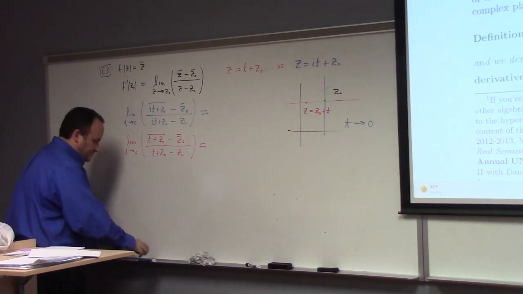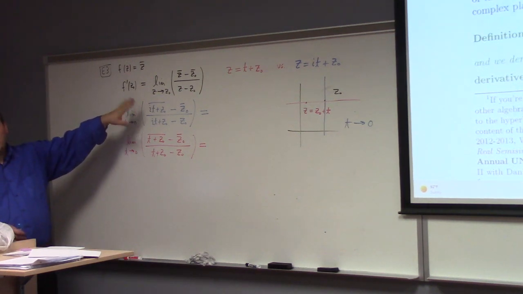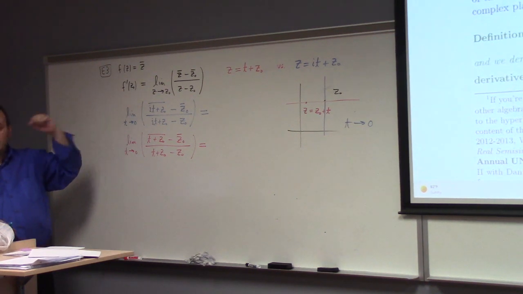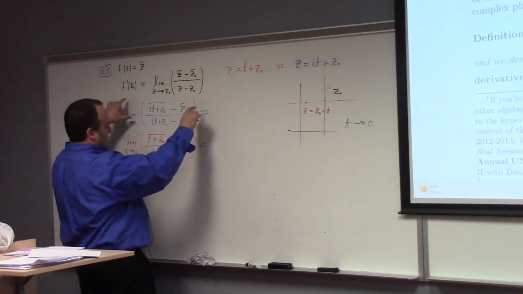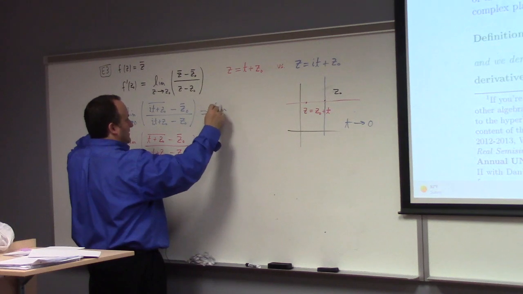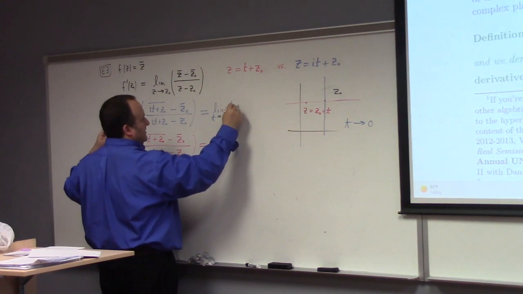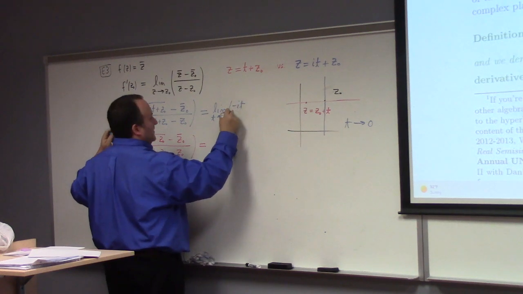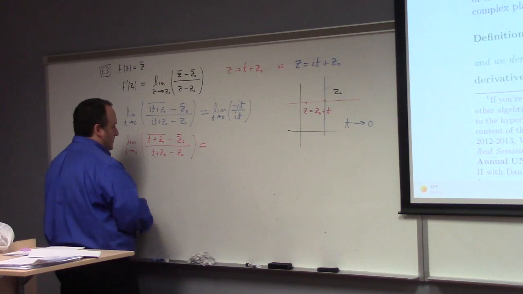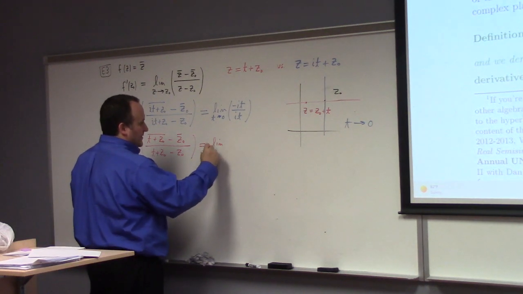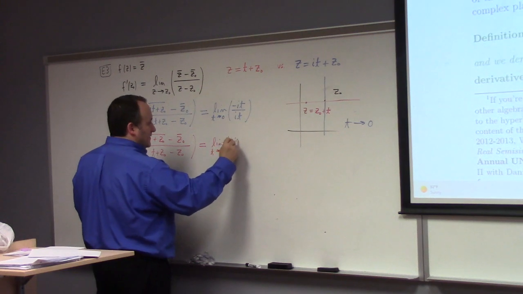See the difference? So remember that the complex conjugate of the sum is the sum of the complex conjugates, right? So this just simplifies to the limit as t goes to 0 of minus it over it. And the other one simplifies to the limit as t goes to 0 of t over t.